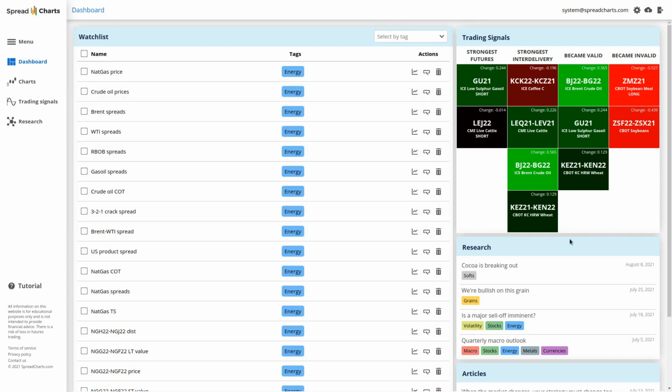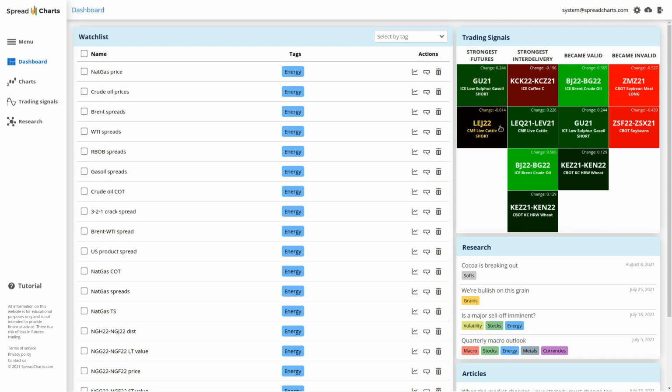There are 4 columns, and the first one shows up to the 5 strongest signals on outright futures, and these signals also have to be valid. That's the reason why there are just 2 of them, because there are not enough valid signals, not more than 2 right now. These are the signals whose strength is above 1.0.